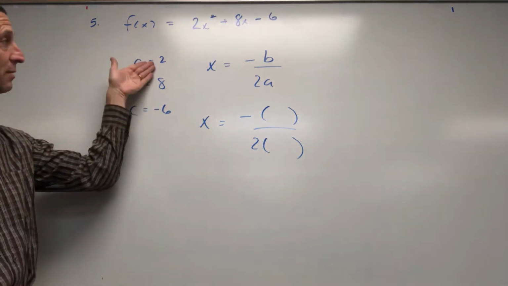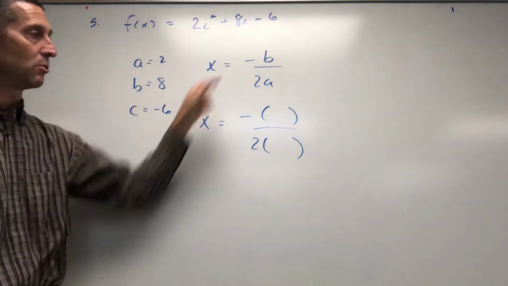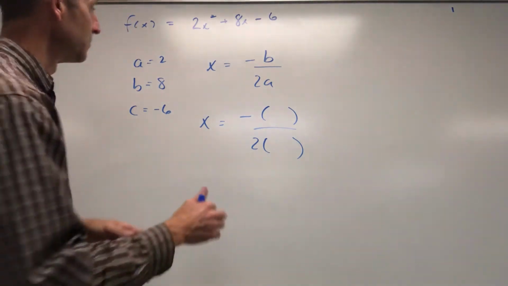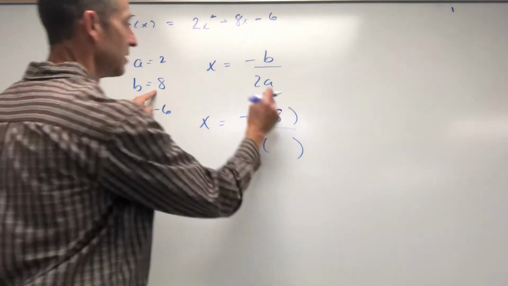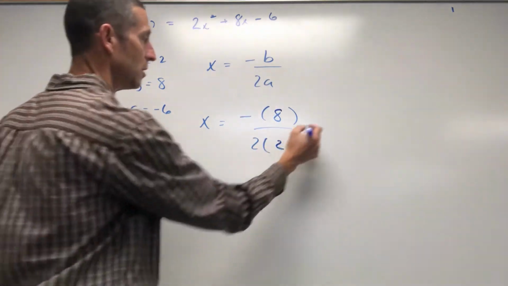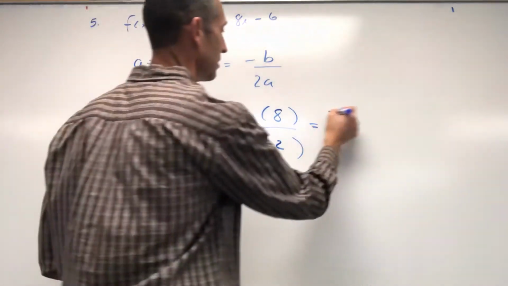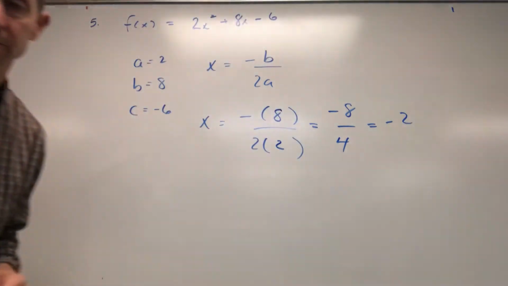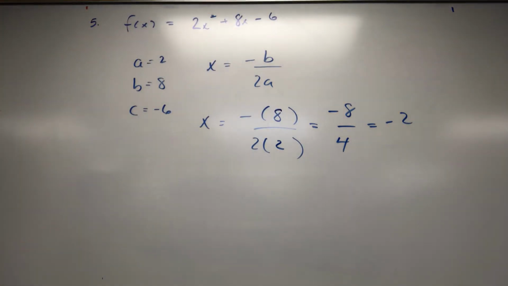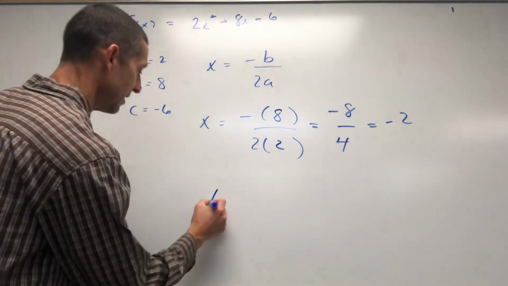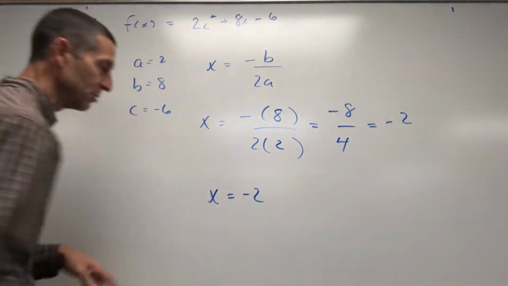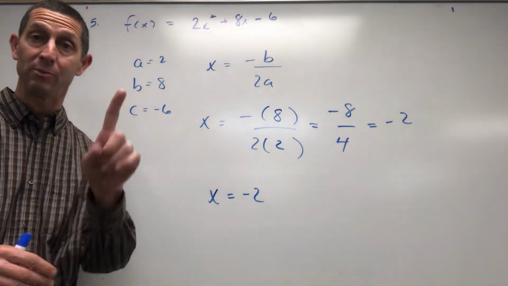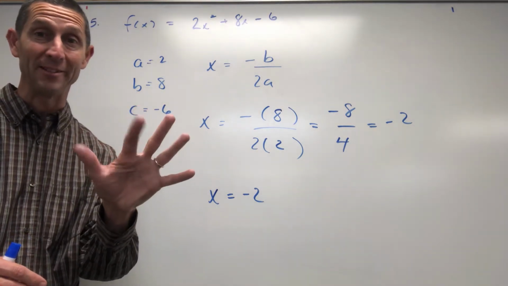We're going to grab our A value, throw it in the bottom, B value, throw it in the top. So B equals 8, A equals 2. So going across, looks like you're going to have -8 over 4, which is equal to -2. Okay, so what we found right now, x equals -2, that's going to be my axis of symmetry. So that's one of the 5 things you got to find.